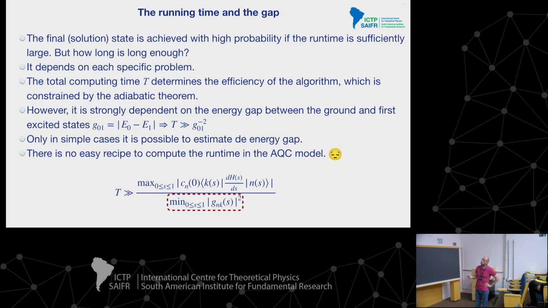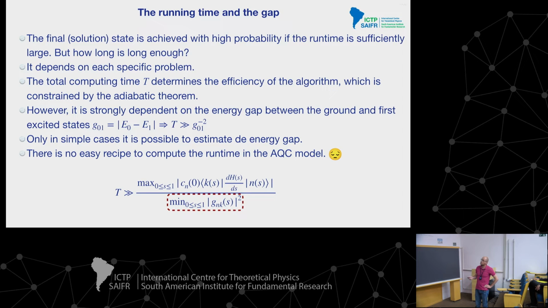We saw that the gap between the ground state and the first excited state is very important to determine the total evolution time, and it grows with the square here. There are some versions of the adiabatic theorem in which there are corrections, so sometimes higher orders can appear here.